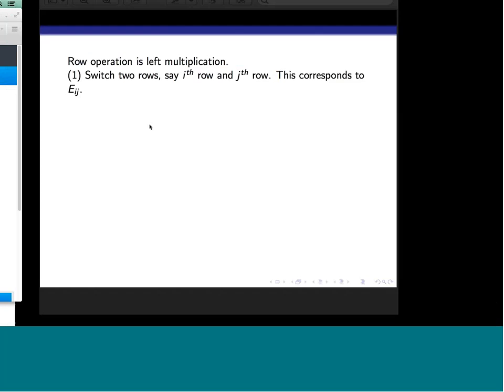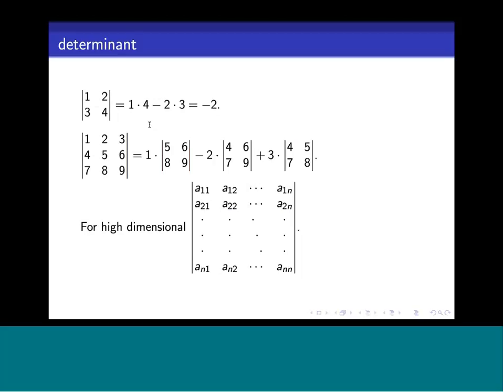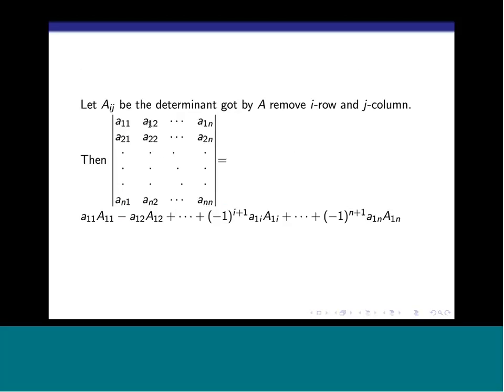All right, last time we were talking about the determinant. There's a definition of the determinant. I spent a little bit of time today to talk more about the determinant.